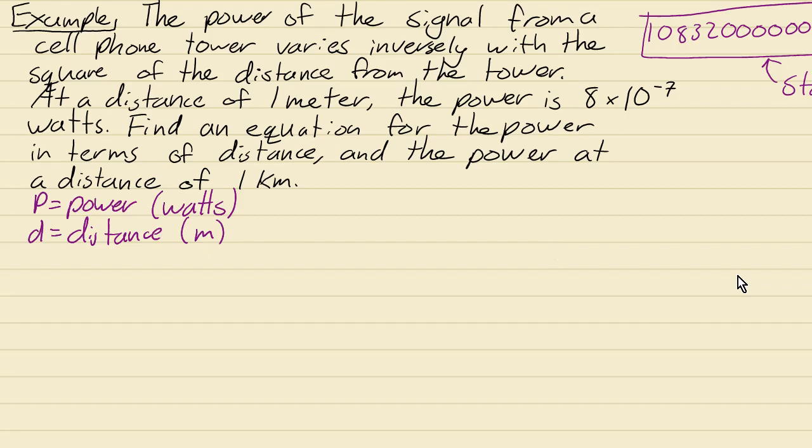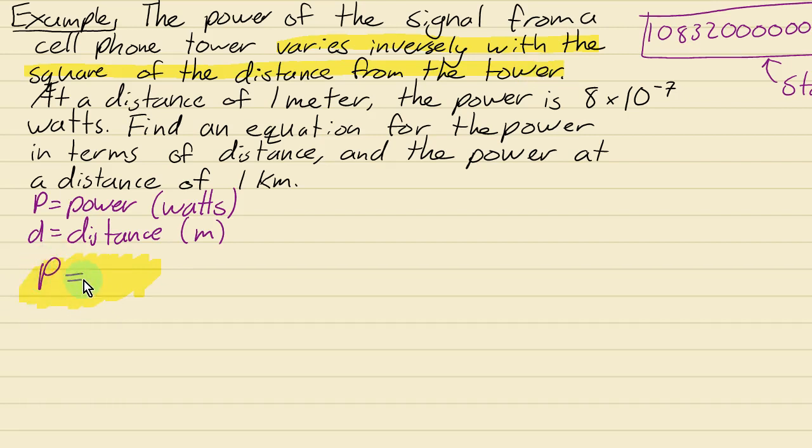And we want to write an equation for the power in terms of the distance. Given the fact that it varies inversely with the square of the distance from the tower, we can write an equation that is an inverse variation equation.